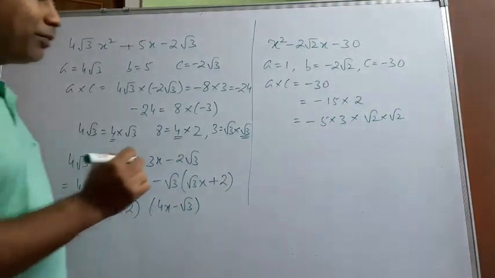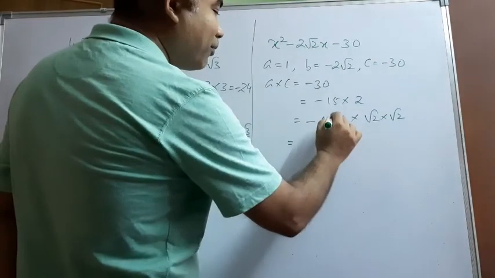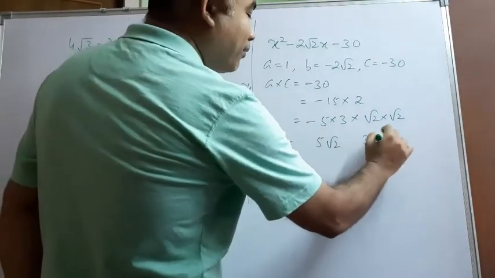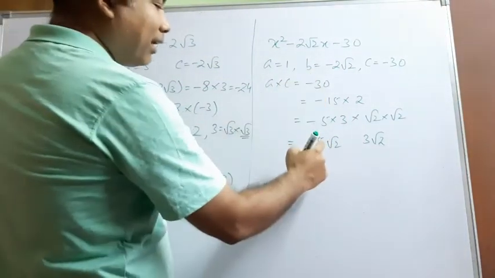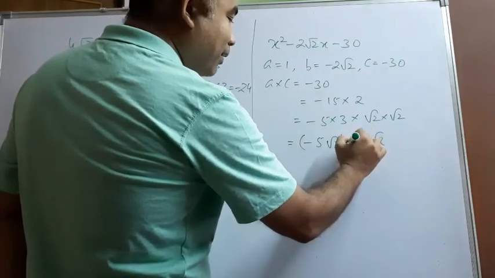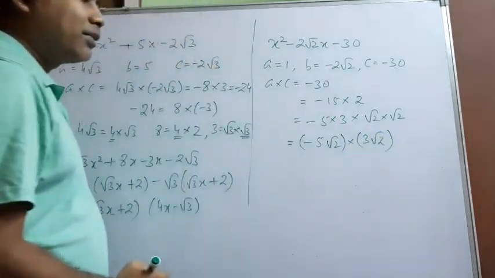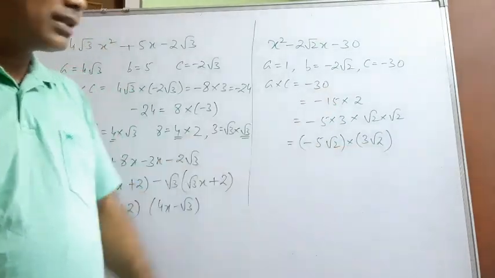Now we have to form a pair of factor 5 and root over 2. One root over 2 we take with 5, one root over 2 we take with 3. As b is negative, out of these two whichever is bigger, that will be negative and the other one will be positive. So if I multiply 5 3s are 15, root 2 into root 2, my answer is minus 30.